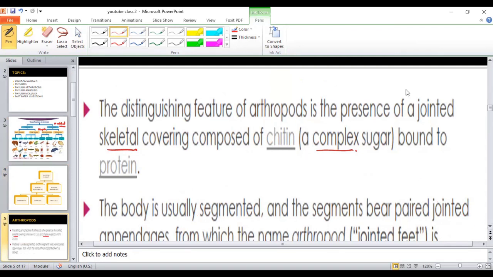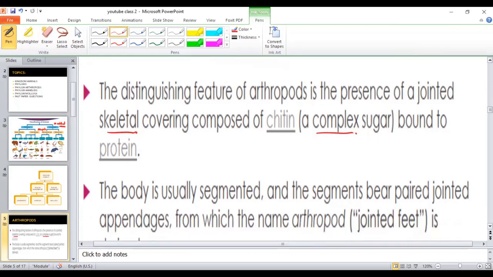And the special feature is that they have jointed legs, okay? Arthro means jointed, and poda means this word is related to legs. So they have jointed legs. It means two main features. Number one, the presence of an exoskeleton, and secondly, they have jointed legs. Okay, so remember these two points.